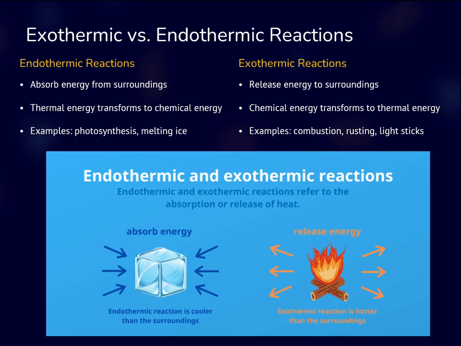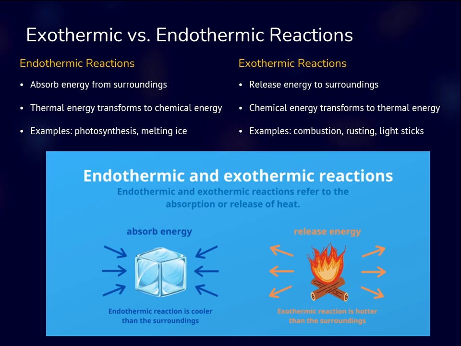The other type of reaction that we have is the endothermic reaction. Endothermic reactions absorb energy from their surroundings. In this case, the products store more chemical energy than the reactants do, meaning thermal energy is taken in to make the reaction proceed. Some examples of this include photosynthesis, in which sunlight is absorbed in order to form glucose.